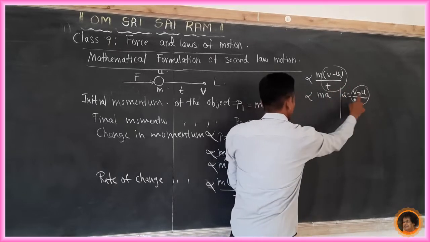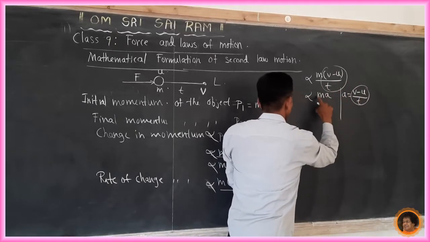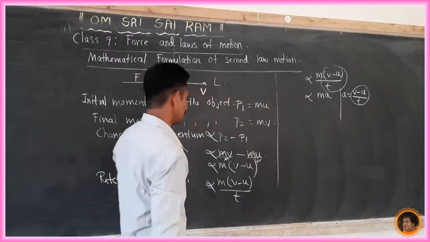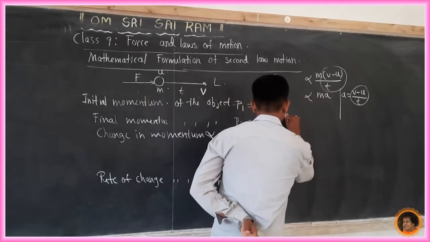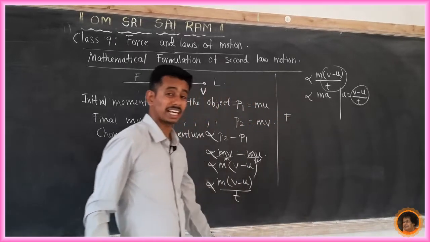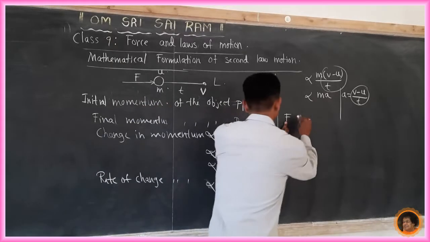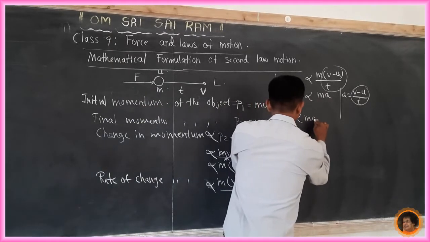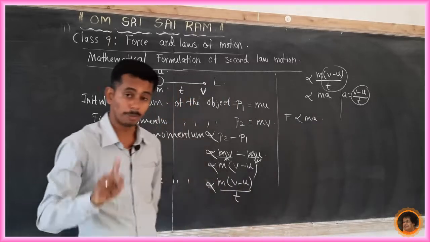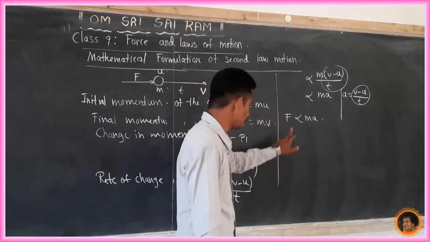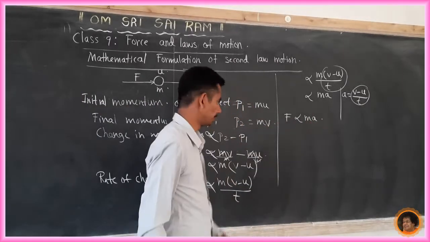Instead of v minus u by t, what do we write? a. So, m into a, ma. Now, this is force, because the momentum is directly proportional to force. So, F is proportional to ma. Be careful. Momentum is directly proportional to F, so F is proportional to ma.